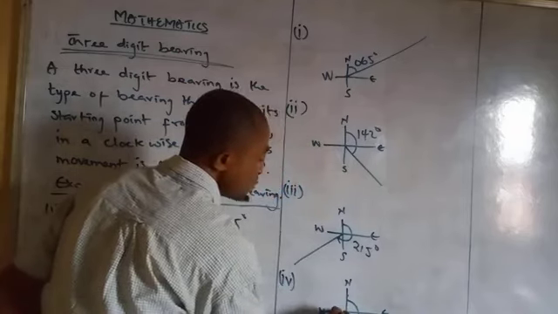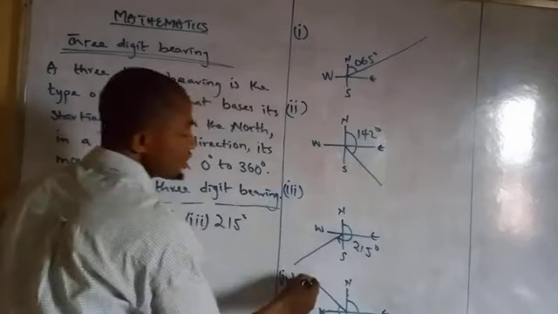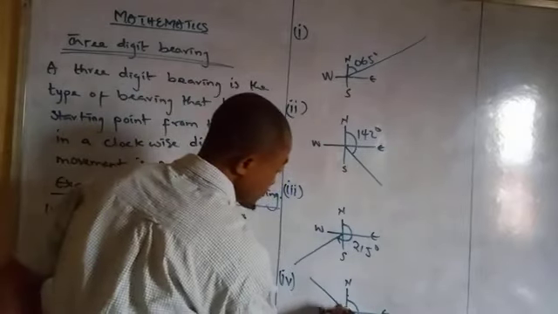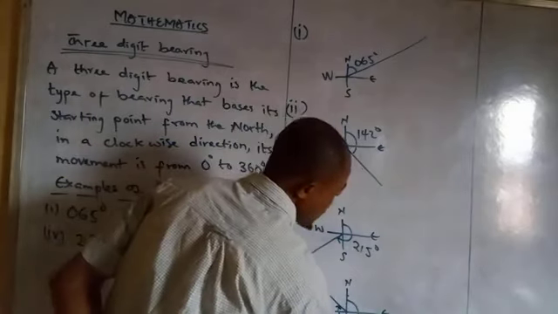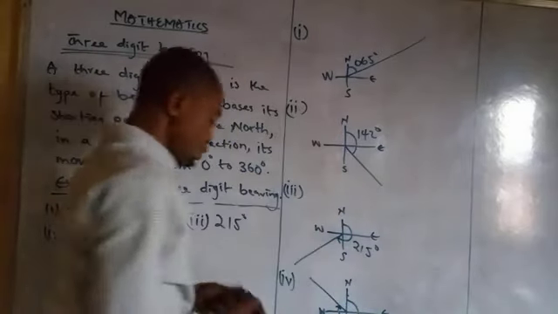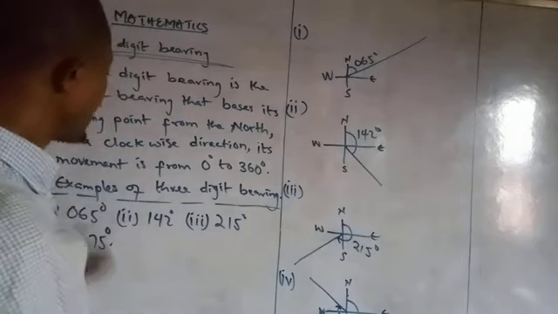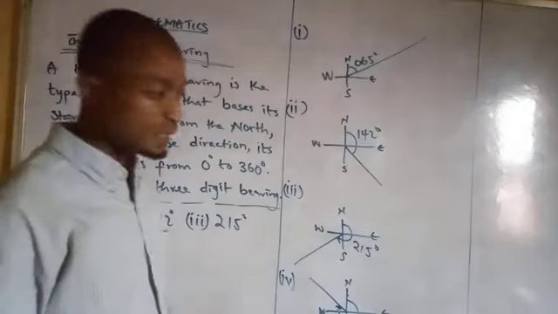At 270, we enter this last quadrant here. Sorry, 275, not 270, 275 degrees. So if you enter this quadrant, then we have 275 degrees. So when we are given questions on 3-digit bearing, we can represent it this way.